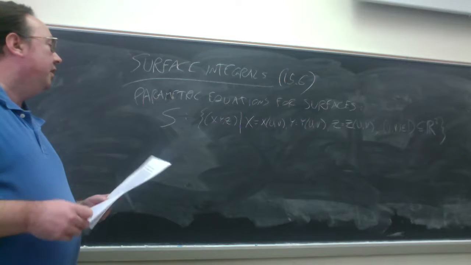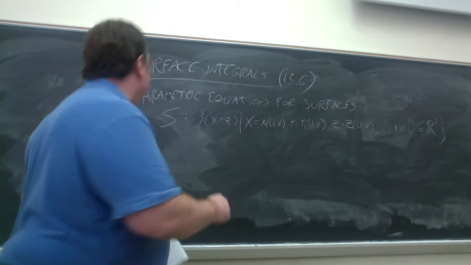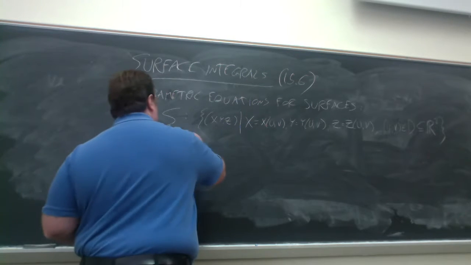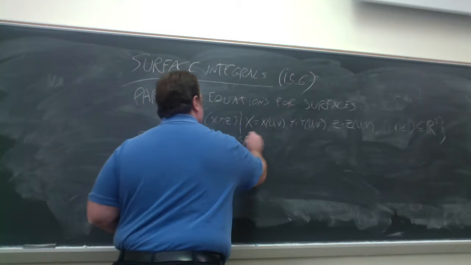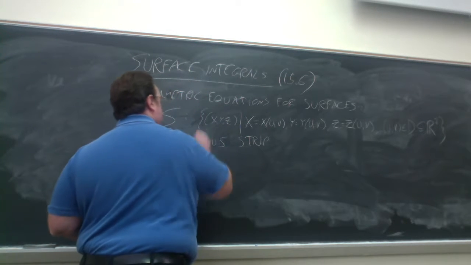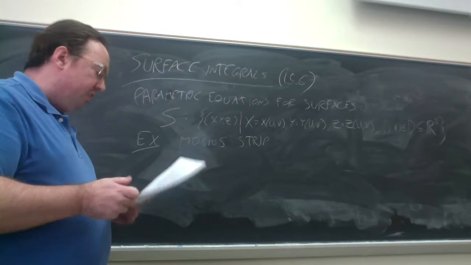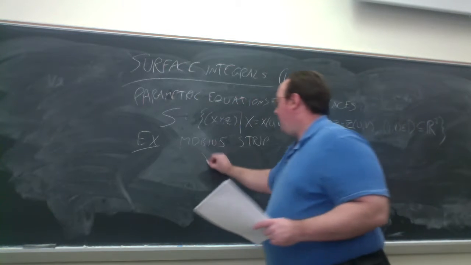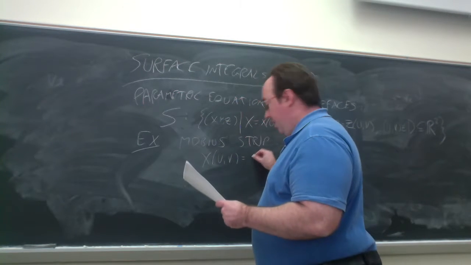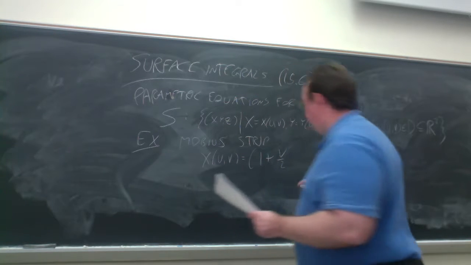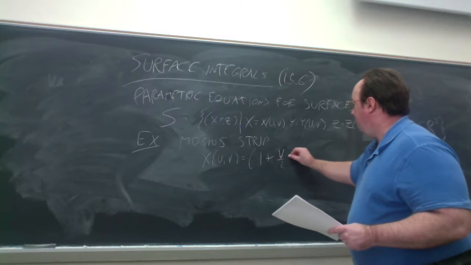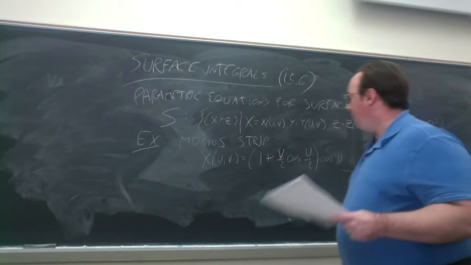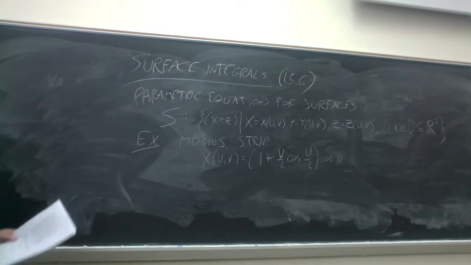Okay. Now, as an example, one of my favorite examples of a surface is called the Mobius strip. It's a rather strange surface that I can easily give parametric equations for. So we have x is, now there are many different ways to describe a Mobius strip. This is just one. So we have v over 2 cosine u over 2 cosine u. So in these parametric equations, u is playing the role of an angle.